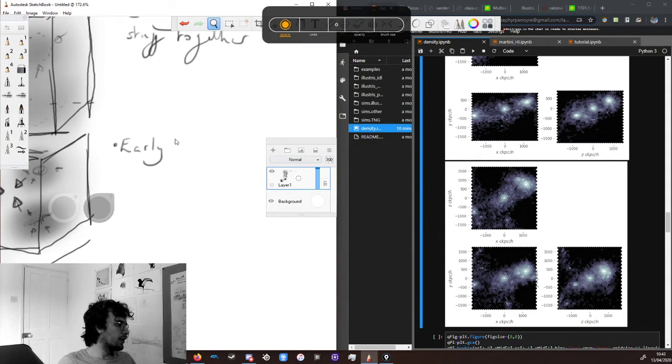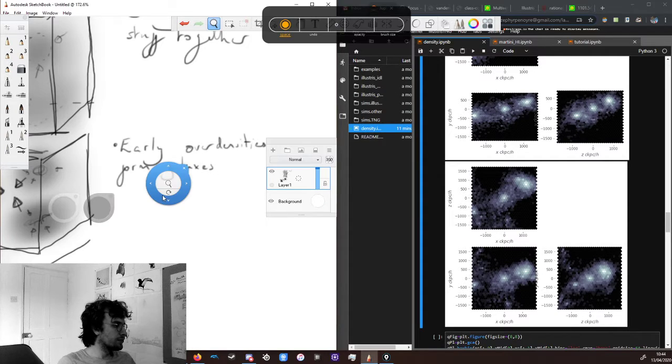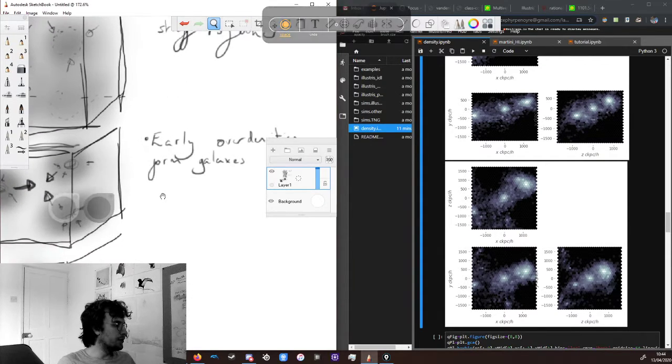Early overdensities form. I'm just going to say form galaxies. We could phrase this in a ton of different ways, including saying stuff like they form the anchors from which we put together a view of the universe.